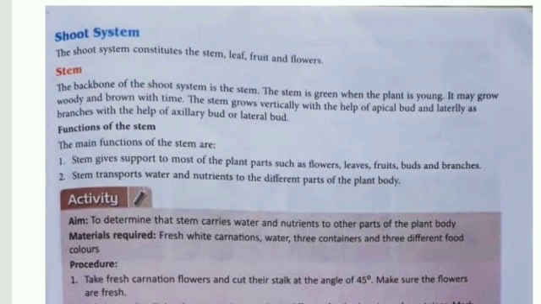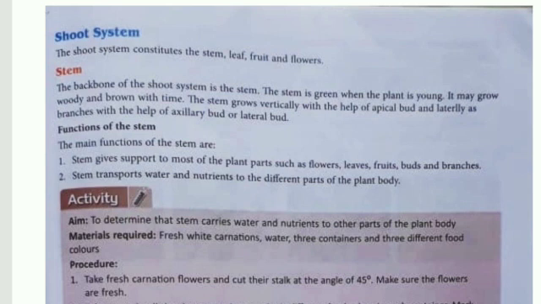And next, stem helps in transportation. Means it takes water from the root and gives it to each and every green leaf, to make their food for photosynthesis. And after photosynthesis, food is made in the green leaves.